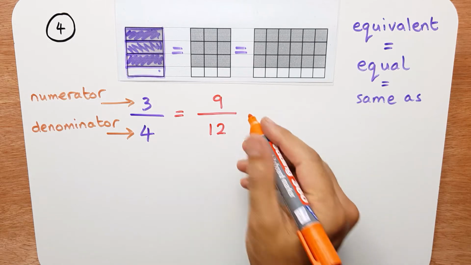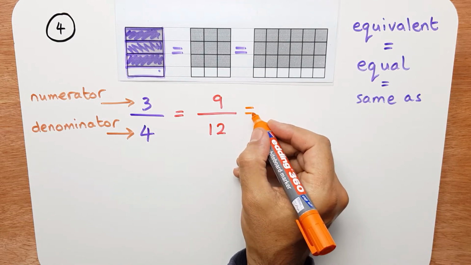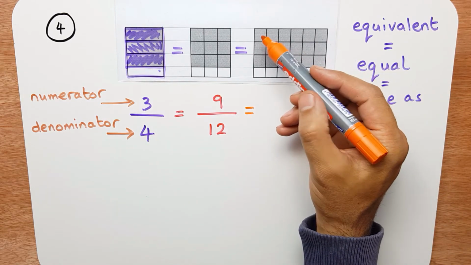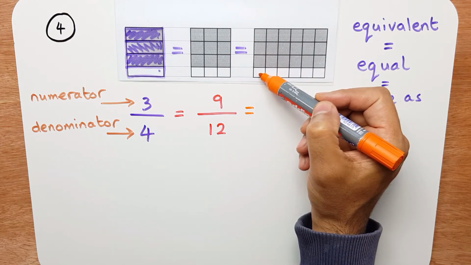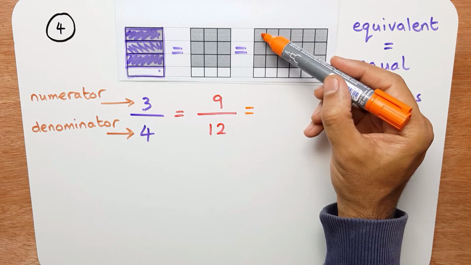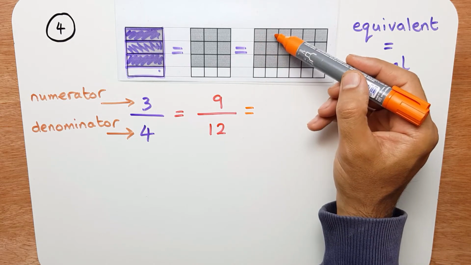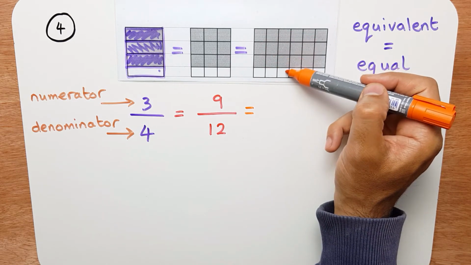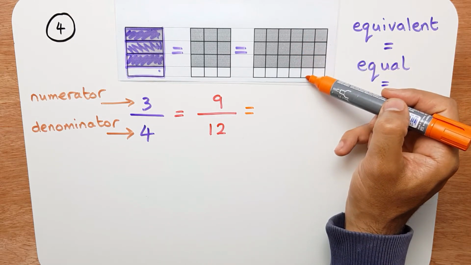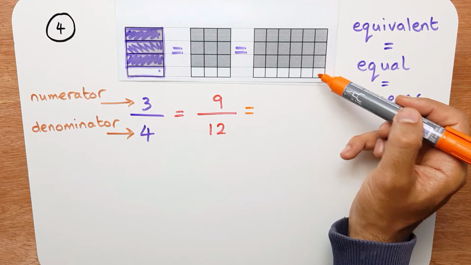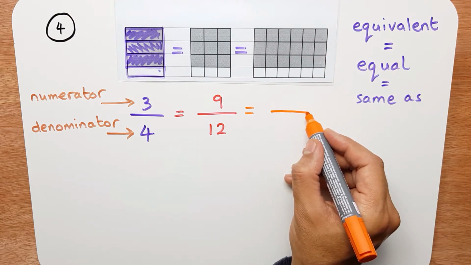Okay, now let's look at this diagram. So we have 1, 2, 3, 4. So we can do our 4 times table. 4, 8, 12, 16, 20, 24. So there's our fraction line.